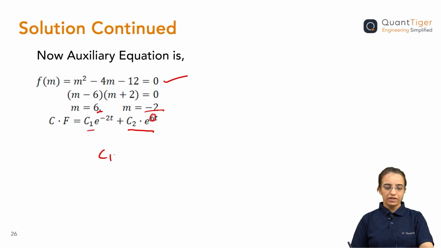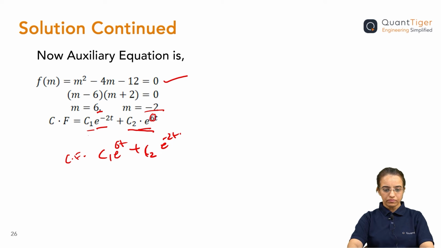Even if you write C1 e to the power 6x plus C2 e to the power minus 2x, the order doesn't matter, it's one and the same thing. So for each of these m values we have put one term in the CF. This is how we got the CF, the complementary function.